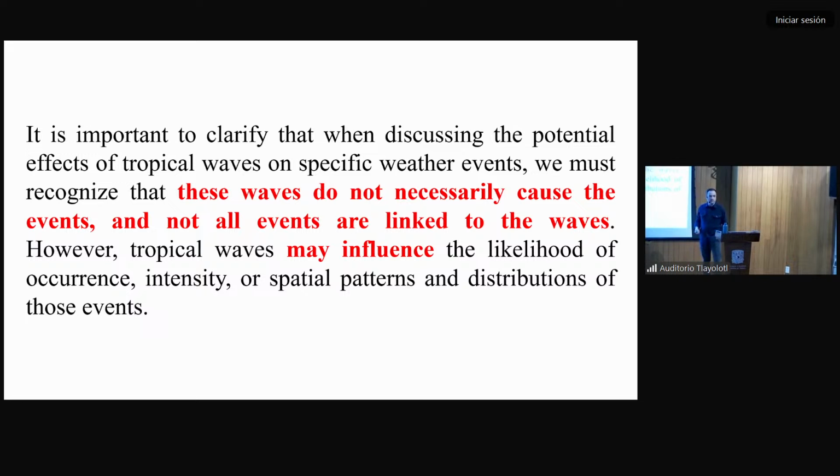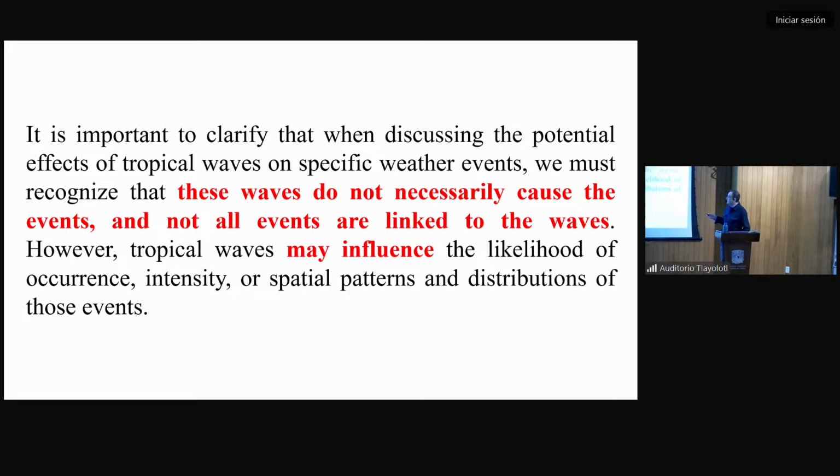But here in Mexico, for example, we can relate the Madden-Julian oscillation or these tropical waves to precipitation, but we must recognize that there is not necessarily a direct cause and effect. So not all Madden-Julian oscillation events produce precipitation here, but they are related.